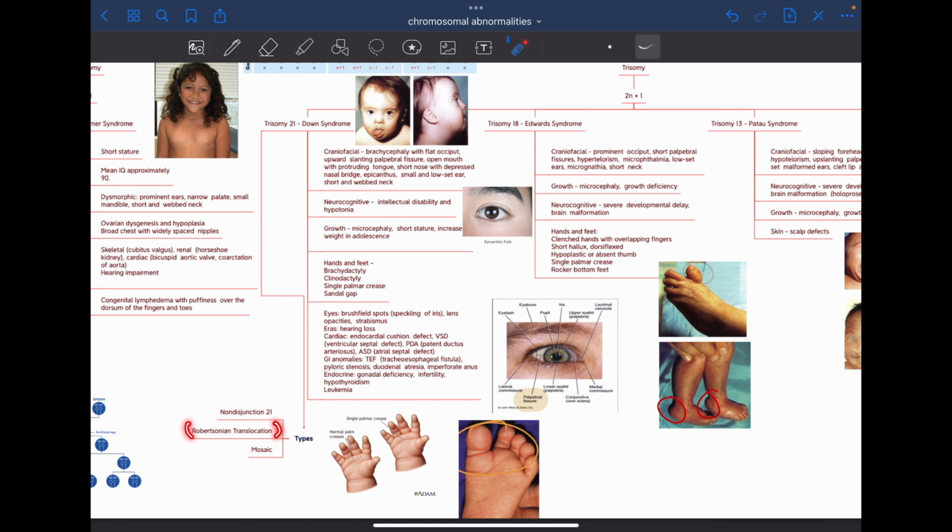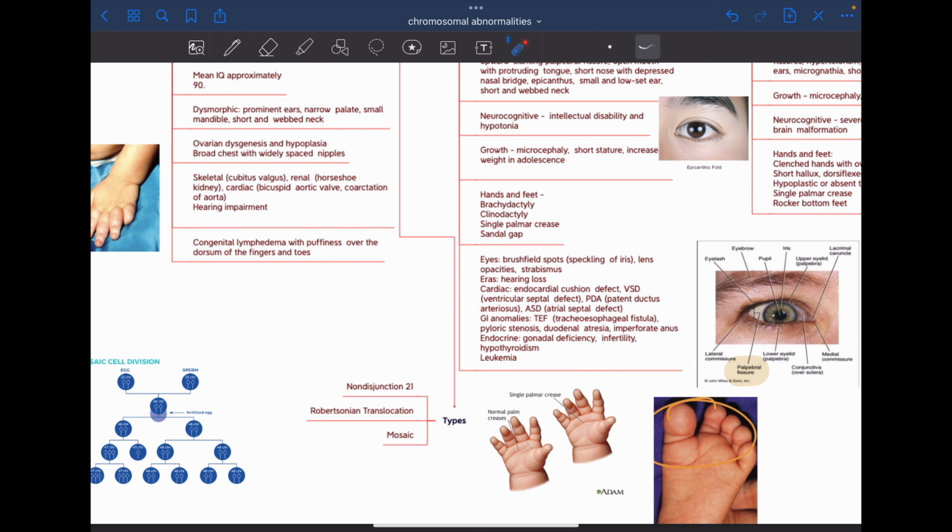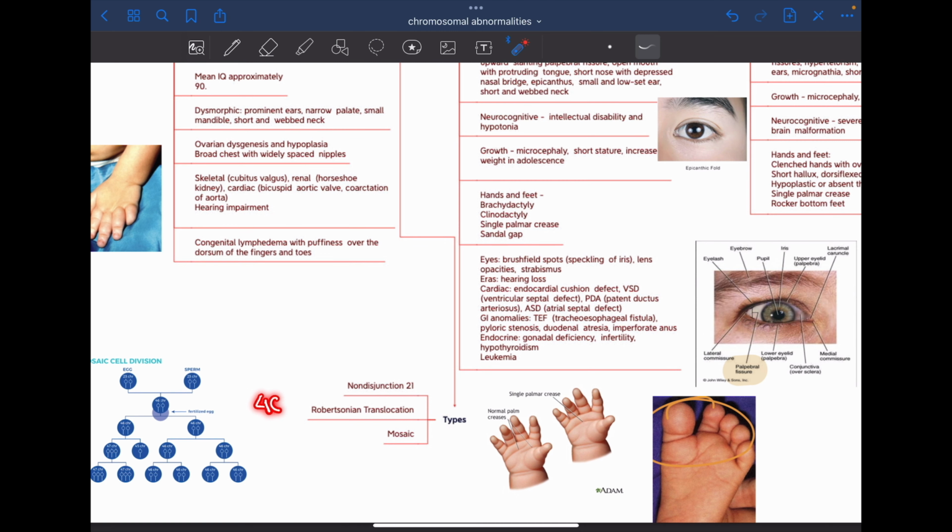On the other hand, we have Robertsonian translocation, which accounts for about 3% of individuals with Down syndrome. With Robertsonian translocation, the patient appears to have Down syndrome features, but upon closer inspection of the karyotype, it shows that they have 46 chromosomes, not 47 chromosomes.